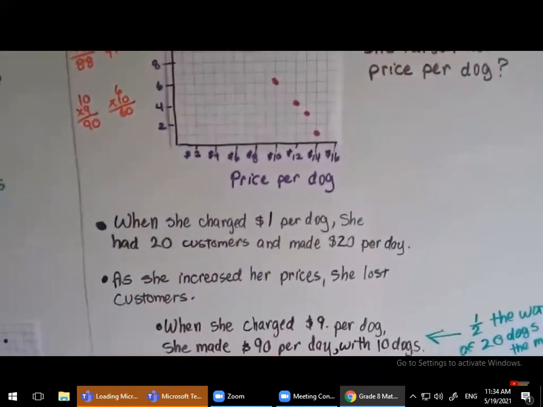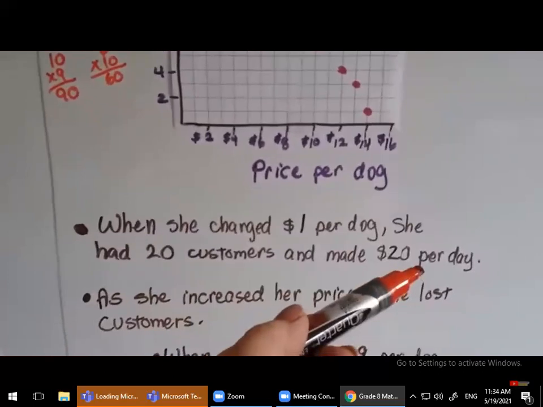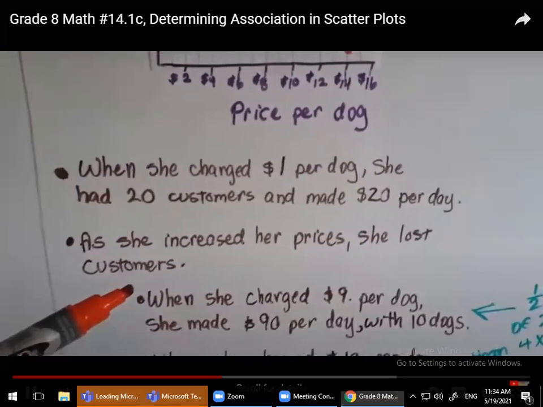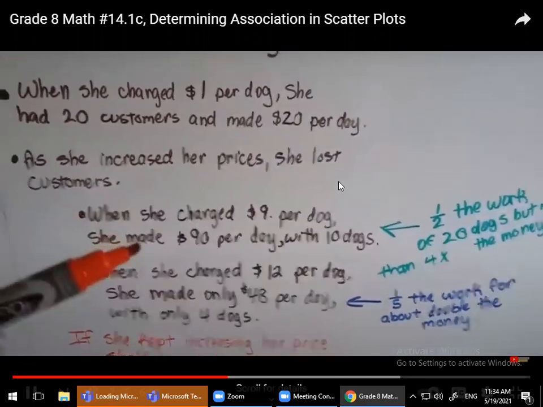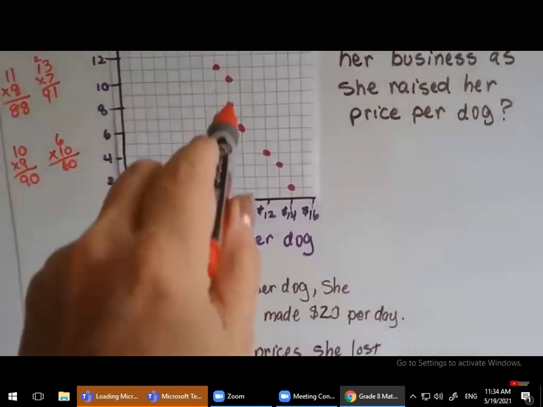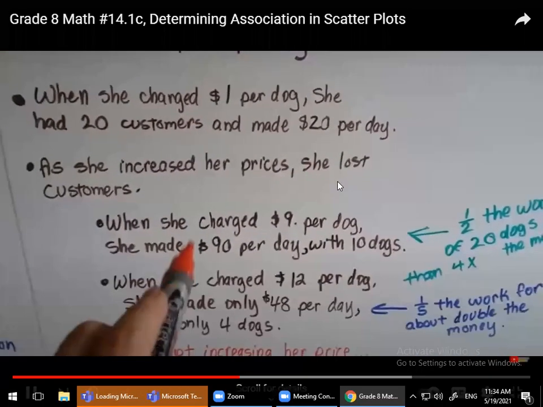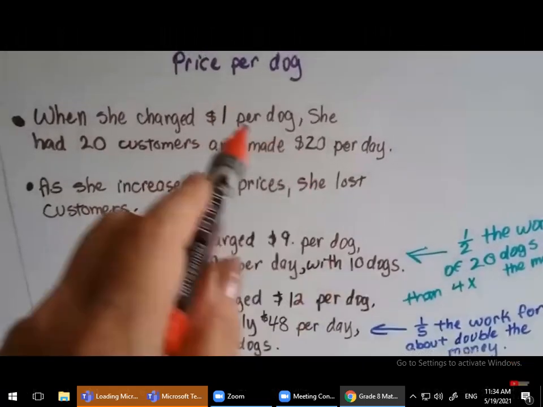So, when she charged $1 per dog, she had 20 customers, and she made $20 per day. As she increased her prices, she lost customers. Now, when she charged $9 per dog, she had 10 customers. See that? She made $90 per day with the 10 dogs compared to $20 per day.